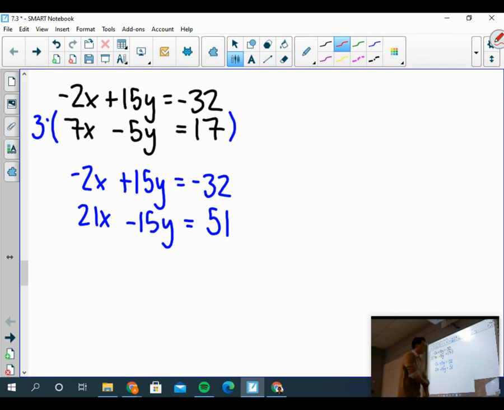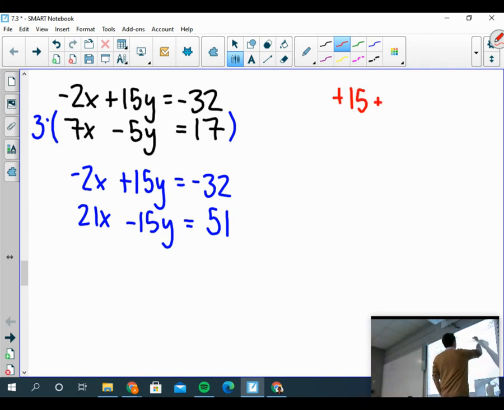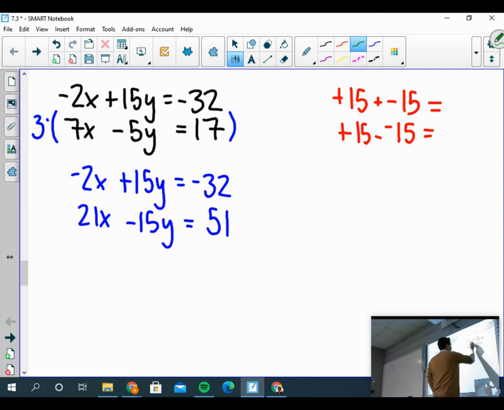Now, maybe the question you're stuck with is, do I add or subtract here? How do I get rid of it? The answer to that question is always going to be whatever helps you get rid of the variable. So we want to get rid of the y variable. How do we get rid of it? Well, if we do positive 15 plus negative 15 versus positive 15 minus negative 15, the first one being adding, the second one being subtracting, I would encourage you to check both of those in your calculator.